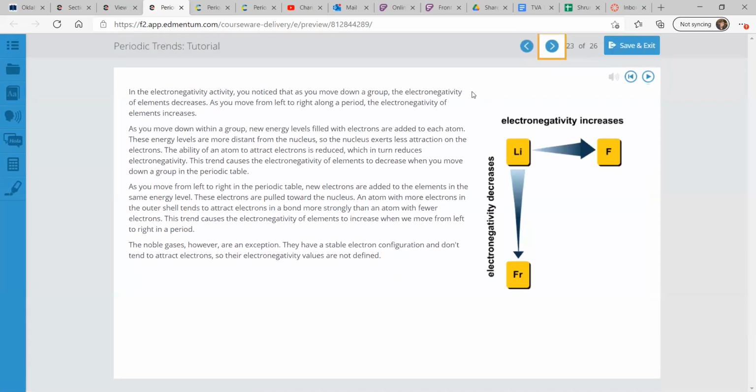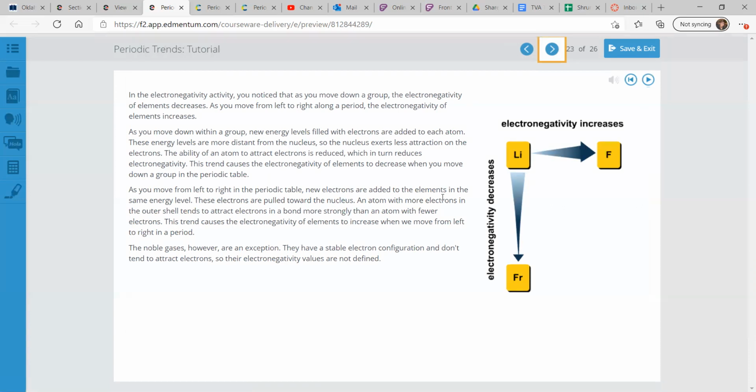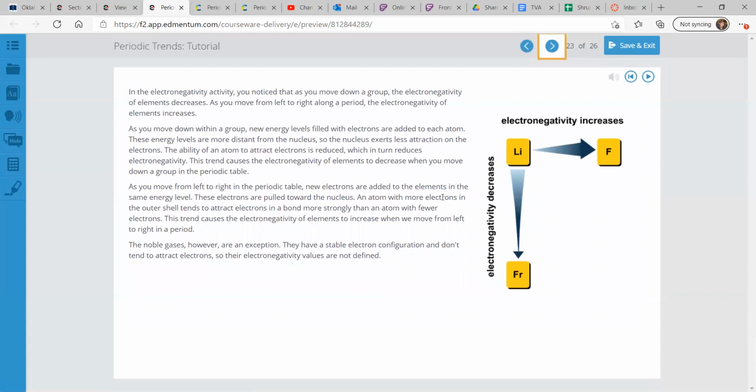And this explains what we said in that last question. Electronegativity increases moving from left to right. Electronegativity decreases, it goes down, from lithium to francium. As you move down within a group, new energy levels filled with electrons are added to each atom, and these energy levels are more distant from the nucleus.